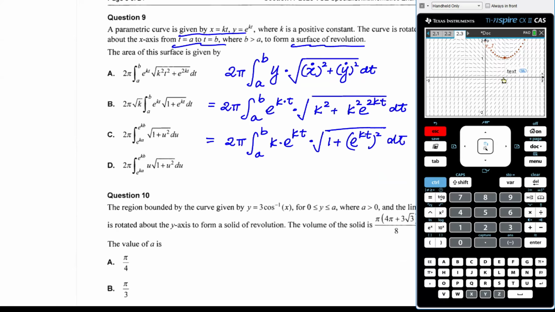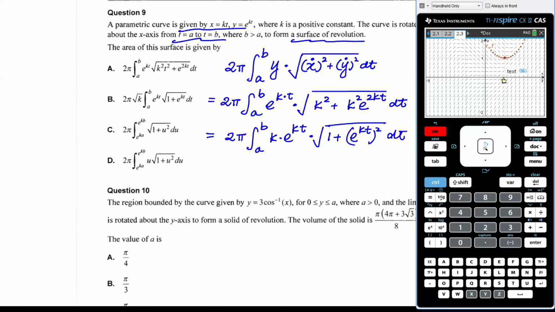It feels like we need to do a substitution because option A doesn't have a k squared here, so that's not true. And this one takes out an e to the power kt, but that is not a common factor from both k squared and k squared e to the power 2kt, so that is not good. Then we need to decide, okay, which one is it, option C or option D? It seems that we need to take a u substitution, u equals e^(kt), and du/dt is going to be k e^(kt). Terrific.